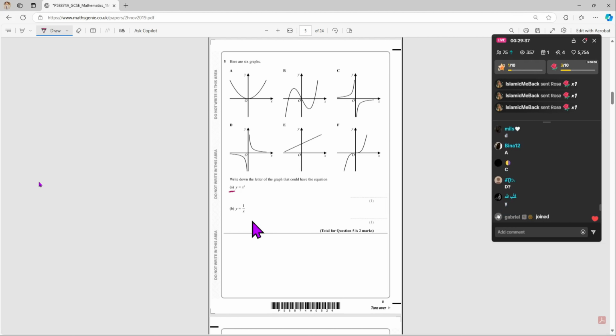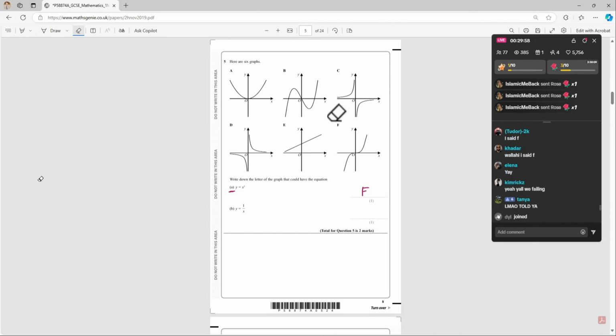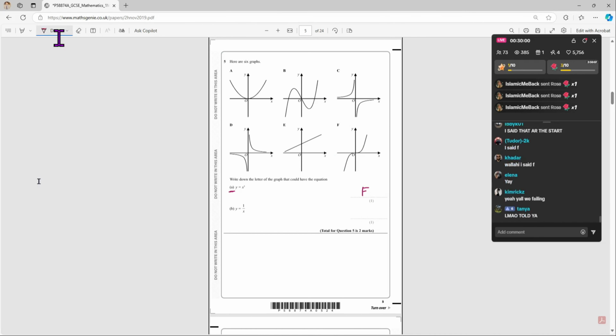The answer is F, guys. Look at this one over here. It's F. You just need to know what it looks like.